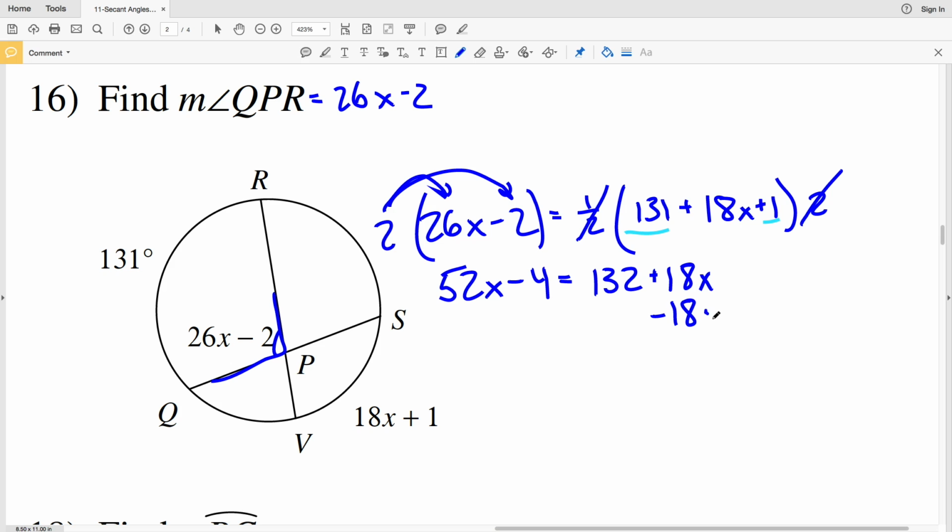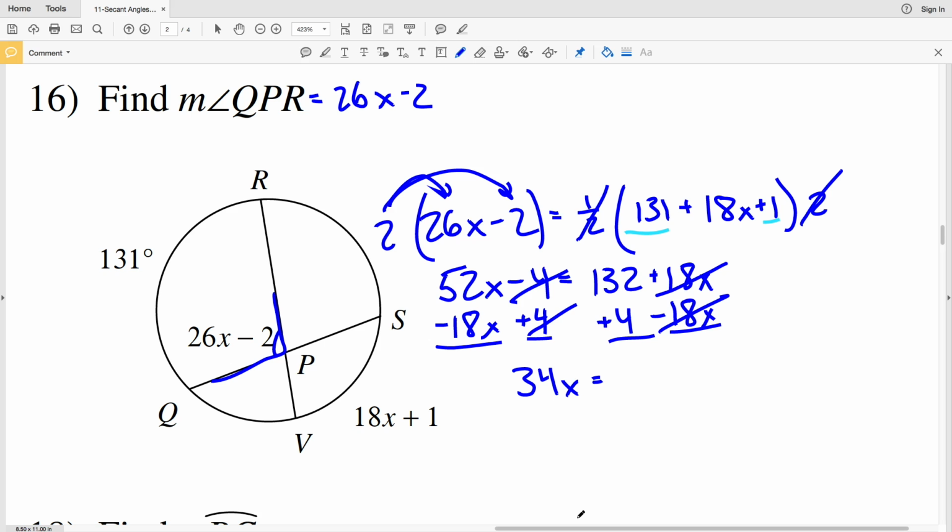I'll subtract 18x from both sides in order for my 18x's to cancel out, and at the same time I'll add 4 to both sides in order for my negative 4 to cancel out. So 52 minus 18 is going to leave us with 34x, and that's equal to 132 plus 4, which is 136. And finally, I'll divide by 34 to get that x is equal to 4.